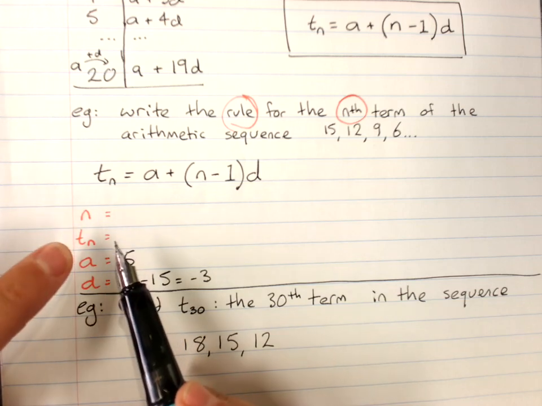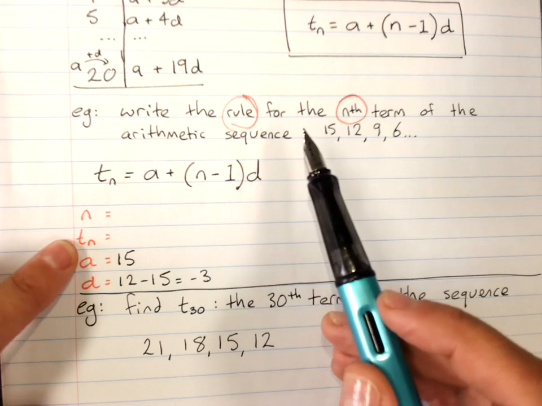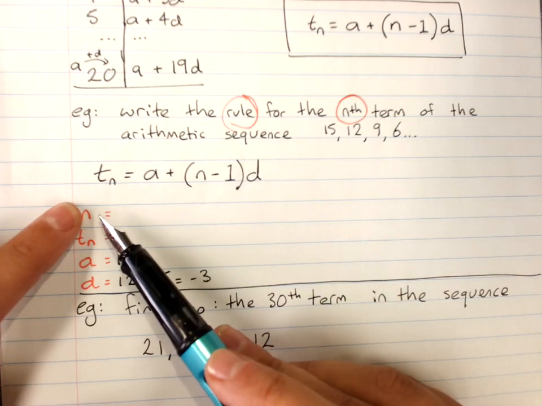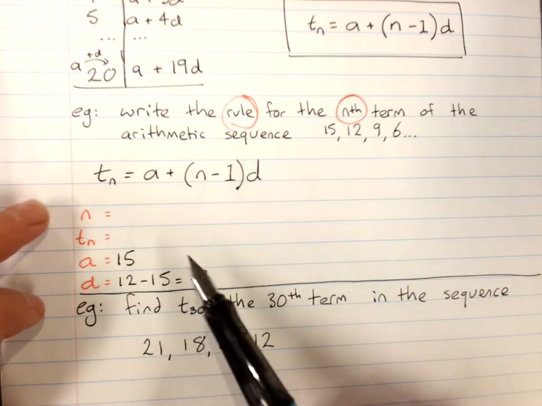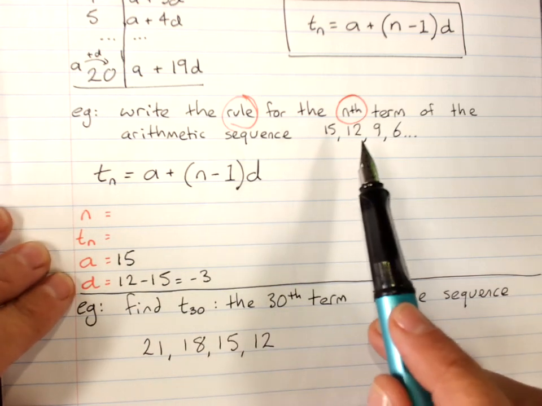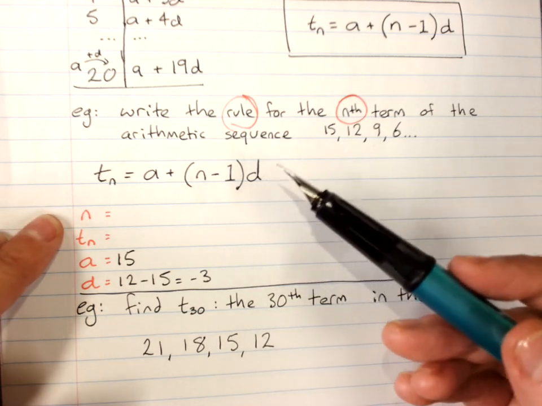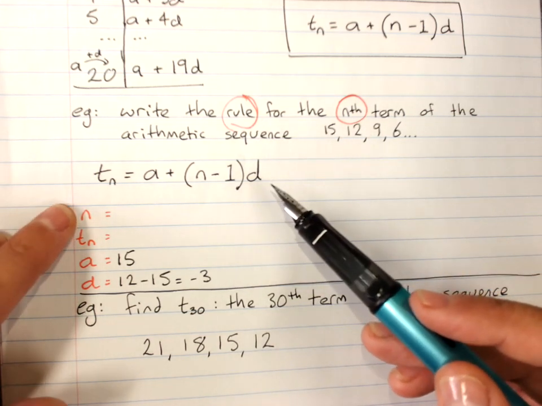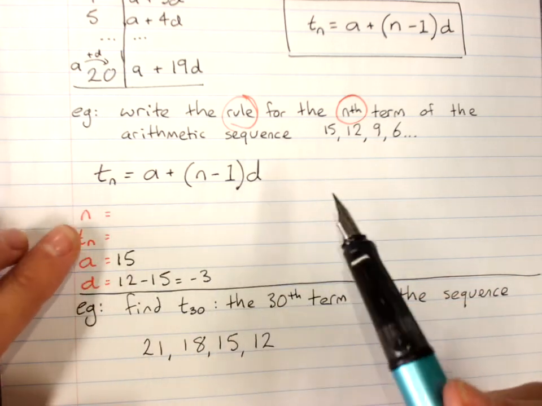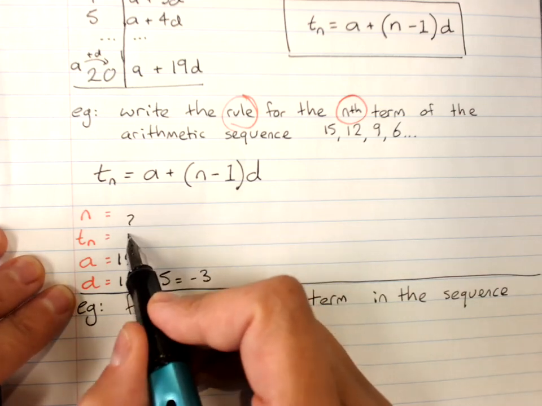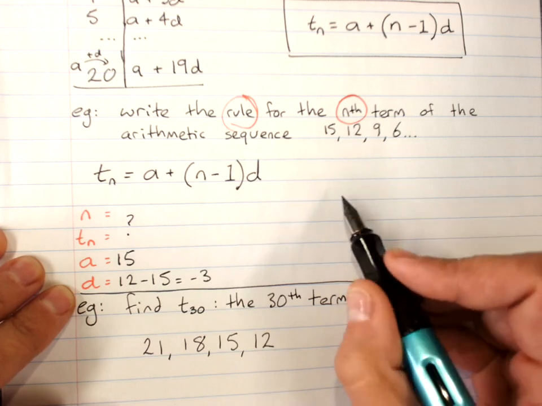Now, n and Tn are both unknown in this because n will depend on which term I want. So this is like an overall rule for this pattern. If I wanted to then use it to find, okay, what's the number when n is 10? What's the number when n is 20? So we don't know either of these, and we're just substituting into this rule.